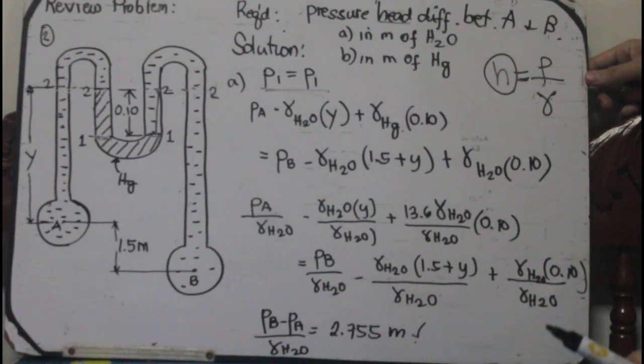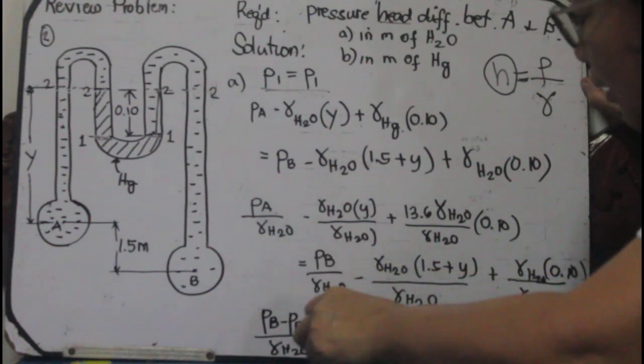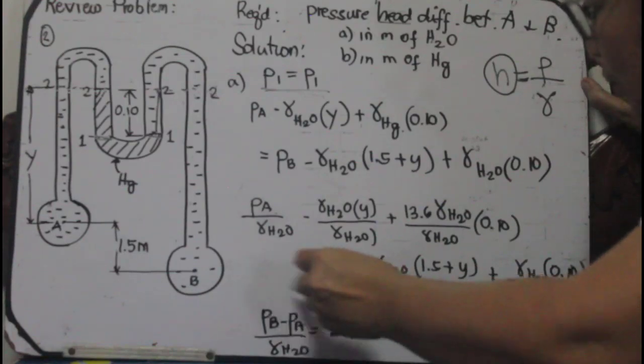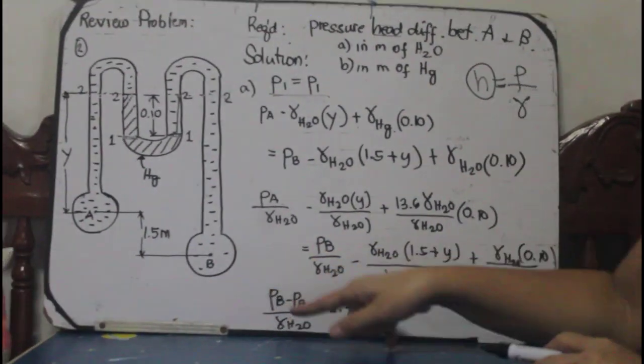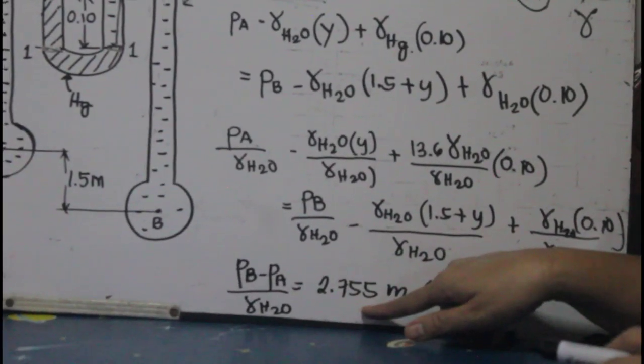Nakita nyo na, nung simplify natin yan, PB minus PA. Kasi, kung yan ay PA minus PB, this will be negative.